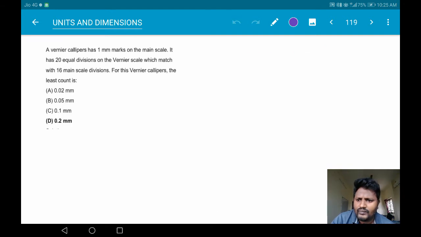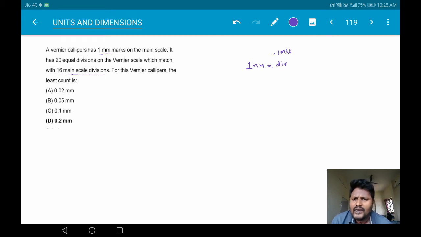Next one, a vernier calipers has 1 millimeter marks on the main scale. It has 20 equal divisions on the vernier scale which match with 16 scale divisions. For this vernier calipers they are asking the least count. So what is each division on the main scale? 1 millimeter is the division, that means 1 MSD.